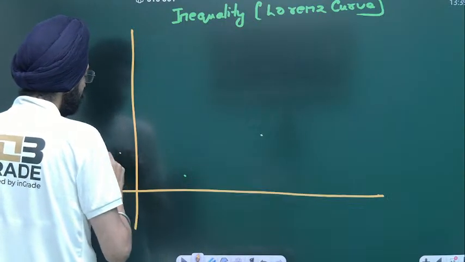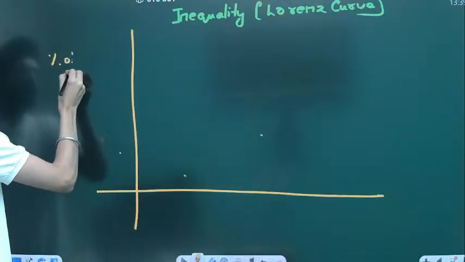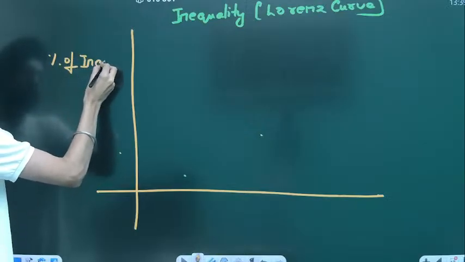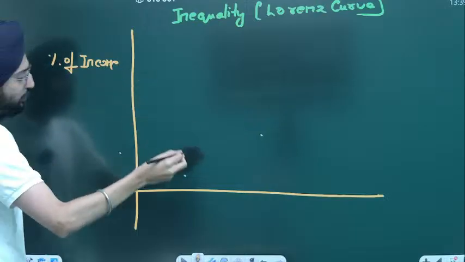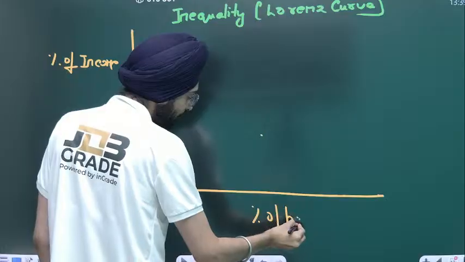On the y-axis, we will represent the percentage of income. On the x-axis, we will represent the percentage of population.